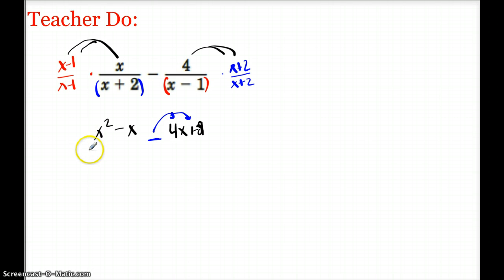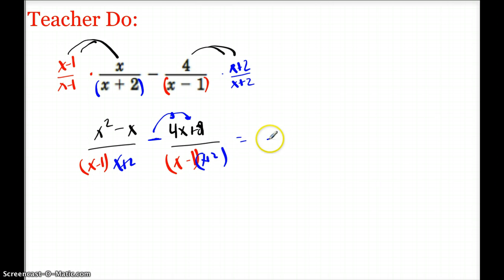The denominators stay the same. I'm going to keep them separated, x minus 1 and x minus 1, and then I'll keep this x plus 2 and x plus 2.